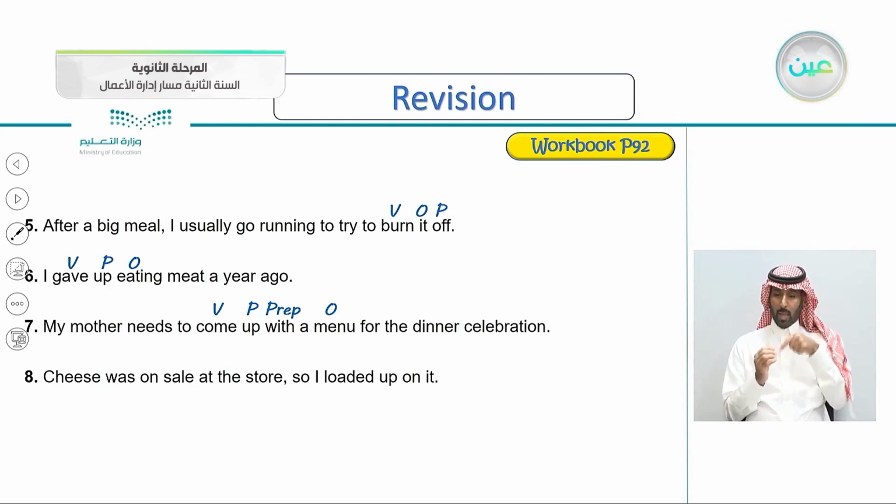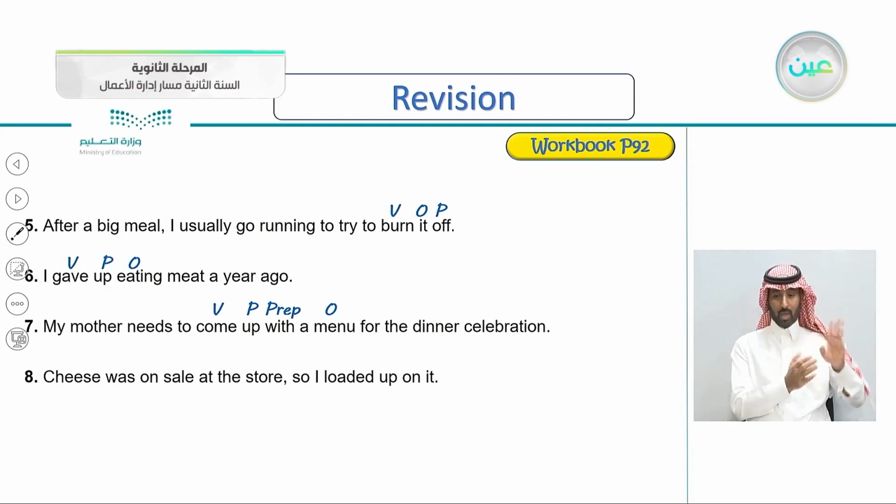Very good. Last one here, number eight. Cheese was on sale at the store, so I loaded up on it. There was a discount on cheese at the store. So where's the verb here? Where's the particle?